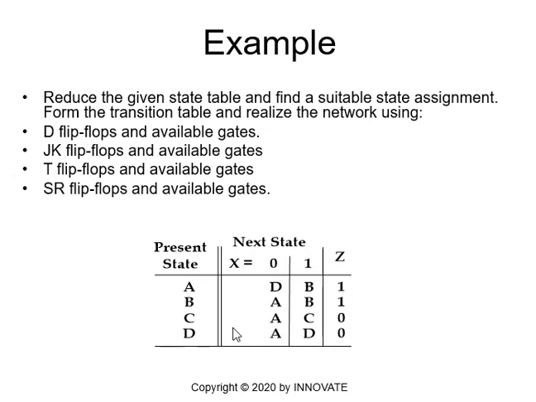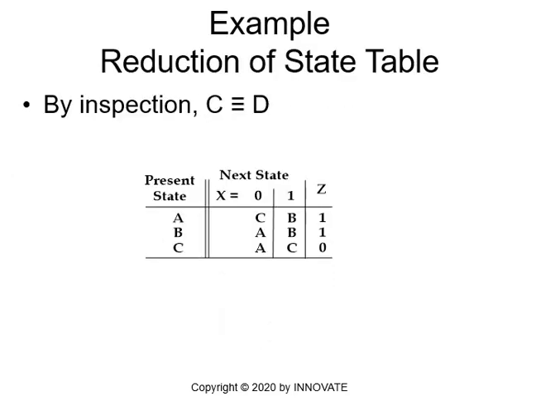So clearly both of them will remain in the same state. So they have the same function, or they resemble each other. So therefore they are equivalent to each other. So if C is equivalent to D, I can remove D and replace D in the table with C, so I get the following table.